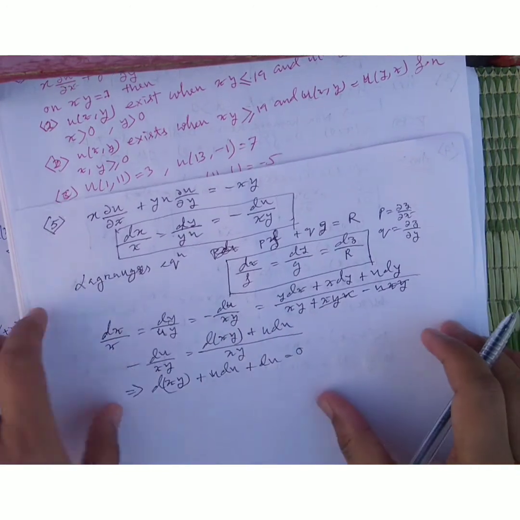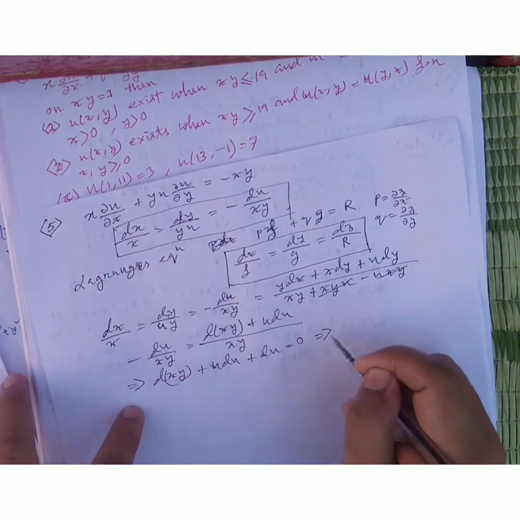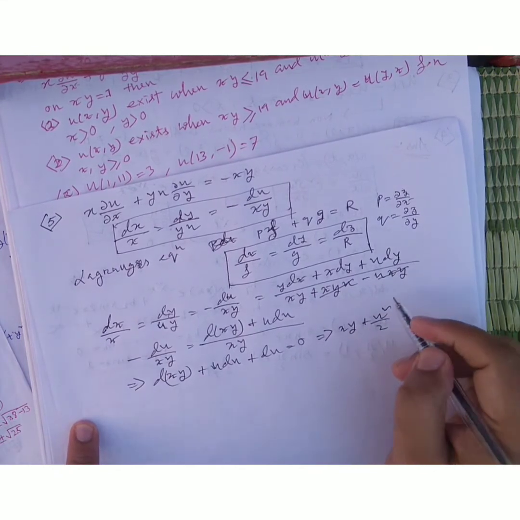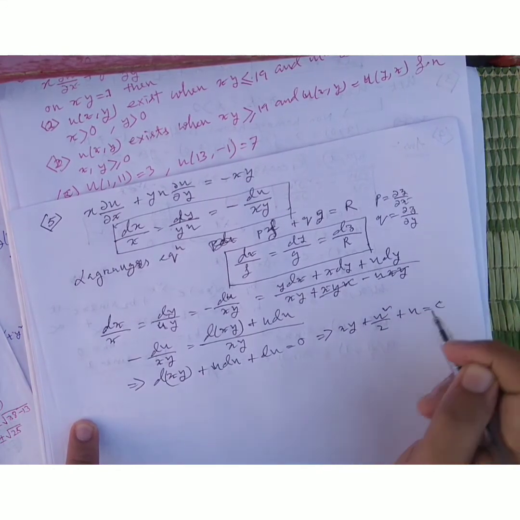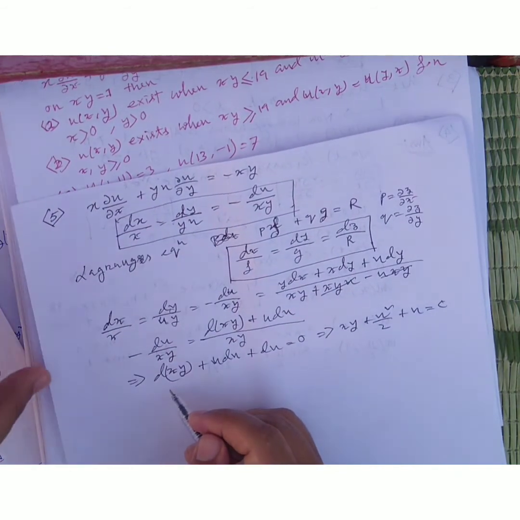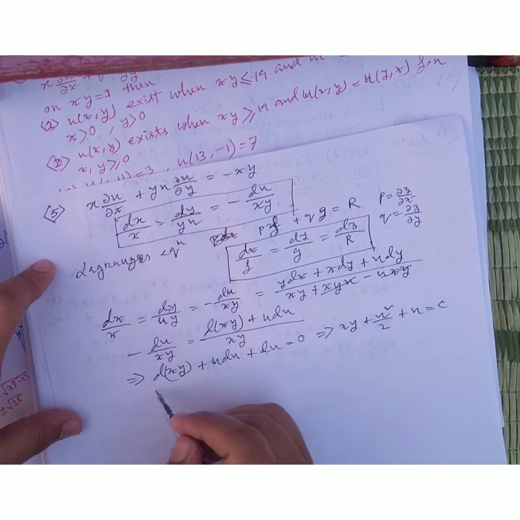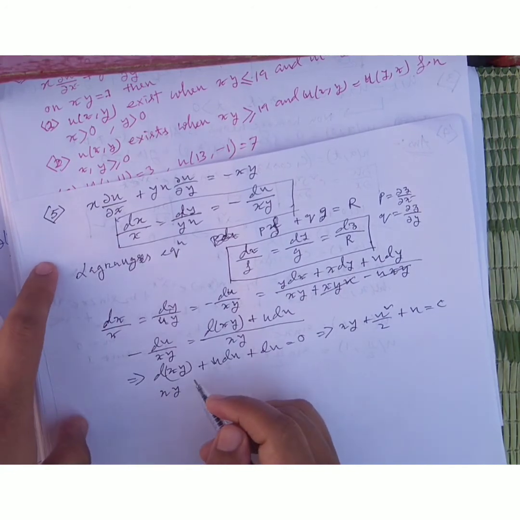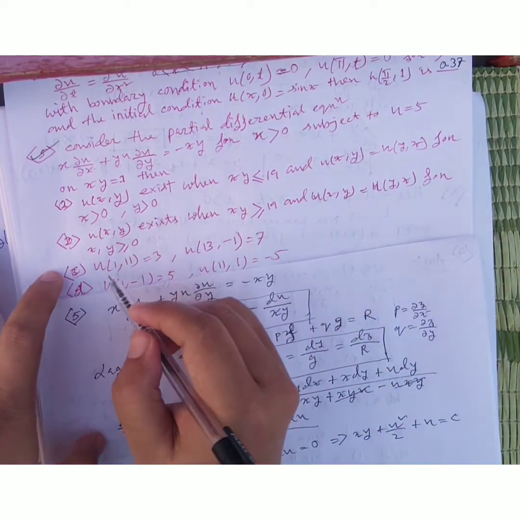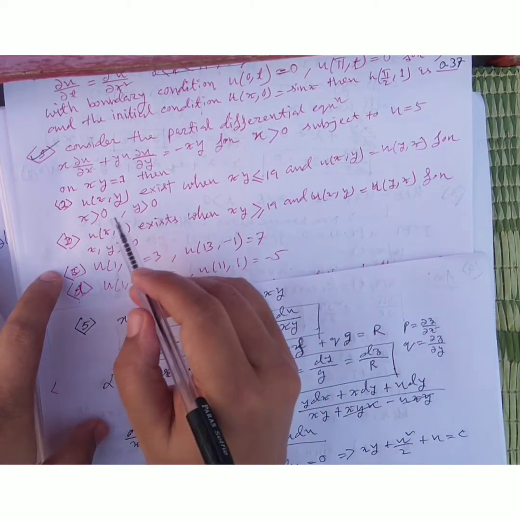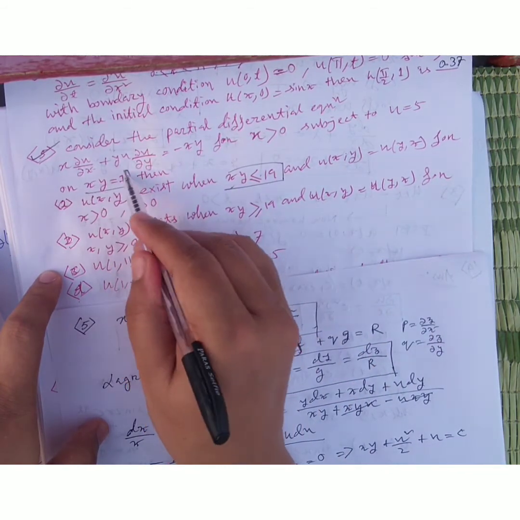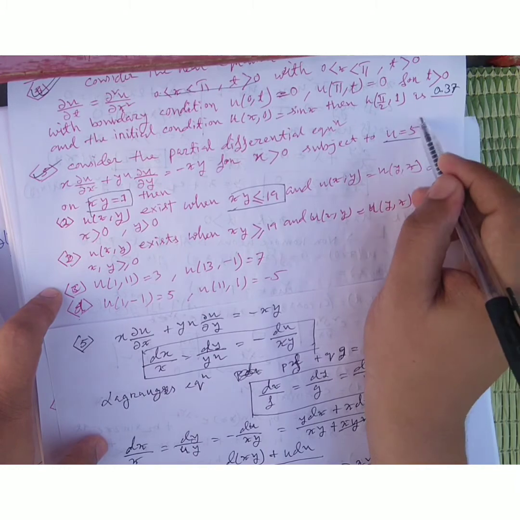Okay, and after that I get xy plus u square by 2 plus u is equal to c. This is given that xy is equal to 1 in the question, and u is equal to 5 is said.